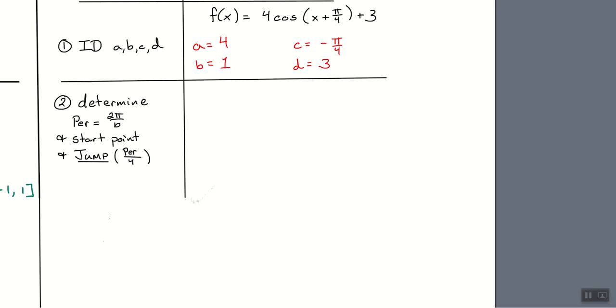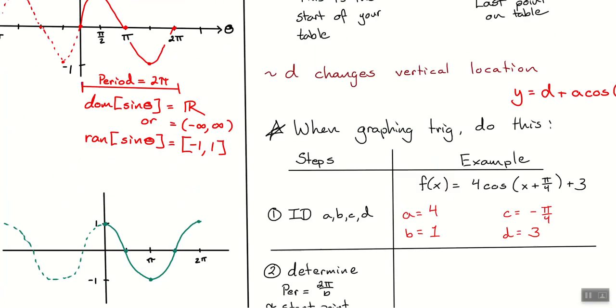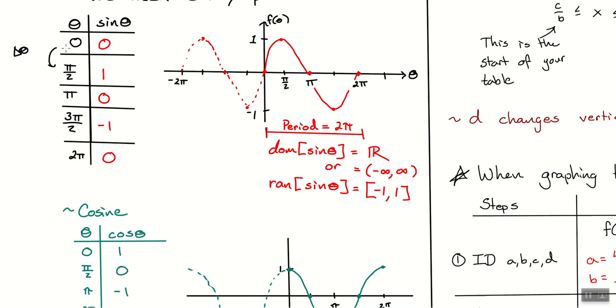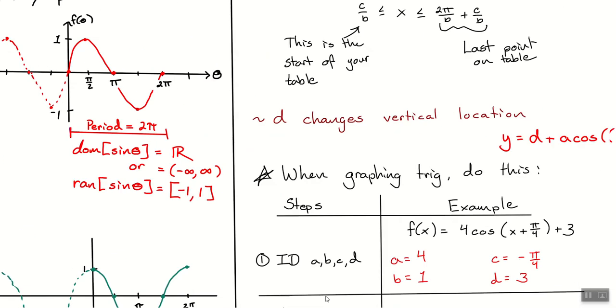When I talk about the jump, notice what happens on our tables from the other day. If I cut 2 pi into fourths, I get pi halves. So every single time to get my next x value, or theta if you will, I'm just adding pi halves each time. Now, as my period changes, that number will change. But we have it.